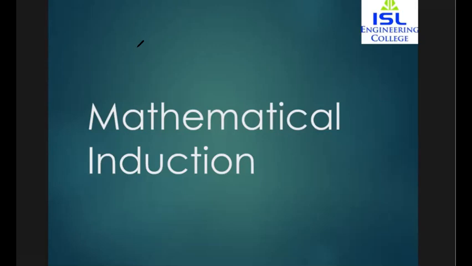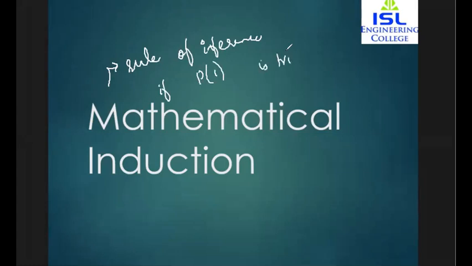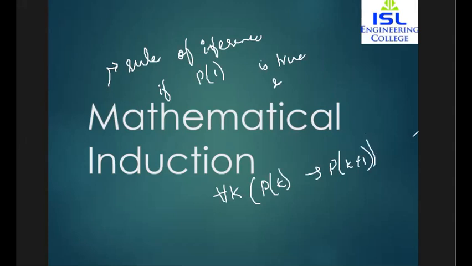So mathematical induction is based on the rule of inference, and it basically means that if P of 1 is true and for every k, P of k being true implies P of k plus 1 is also true, where the domain is the set of all positive integers.